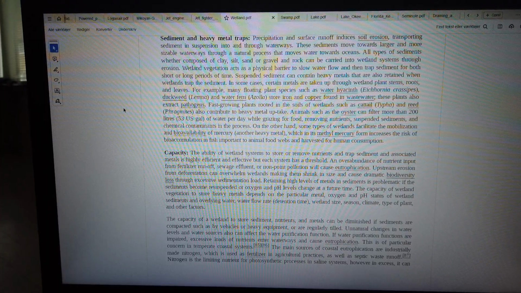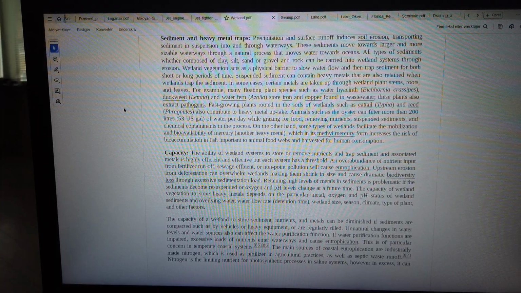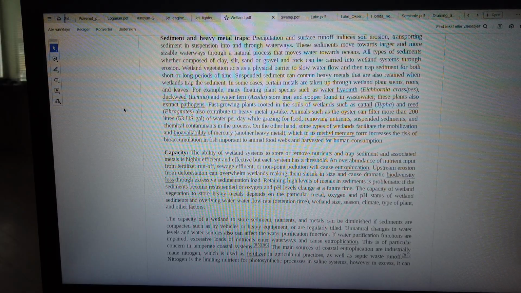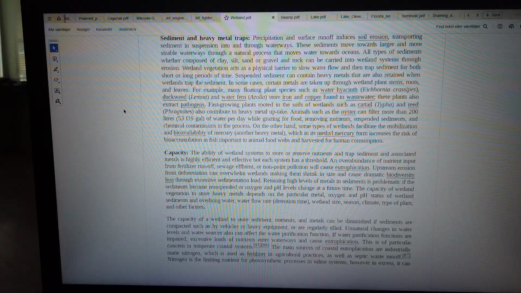If water purification functions are impaired, excessive loads of nutrients enter waterways and cause eutrophication. This is of particular concern in temperate coastal systems. The main sources of coastal eutrophication are industrially made nitrogen, which is used as fertilizer in agricultural practices, as well as septic waste.